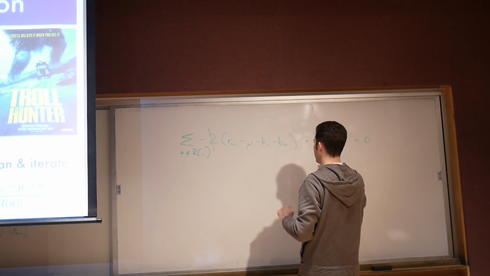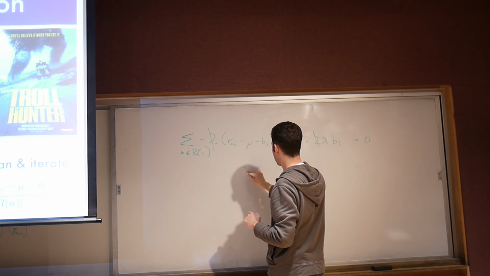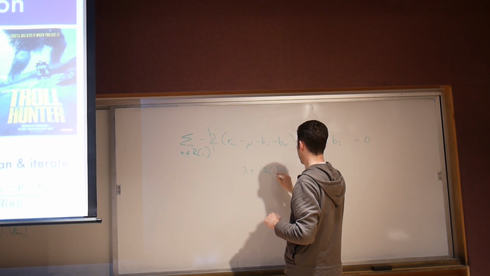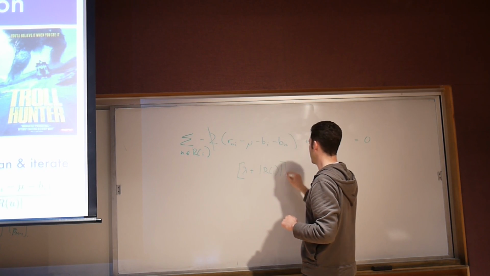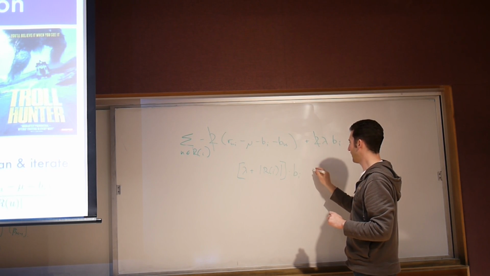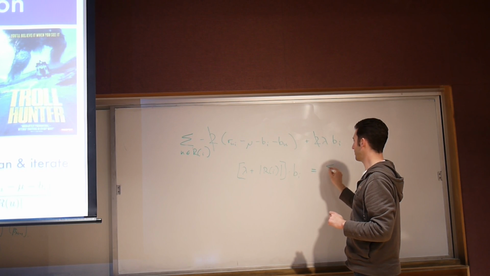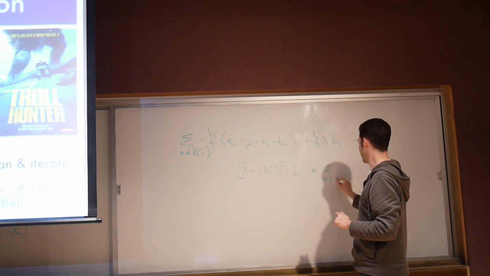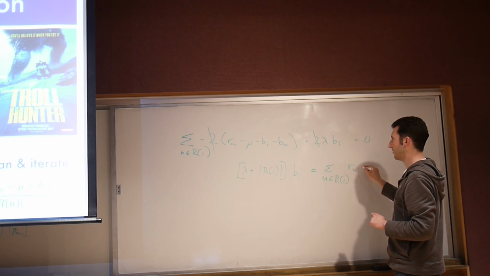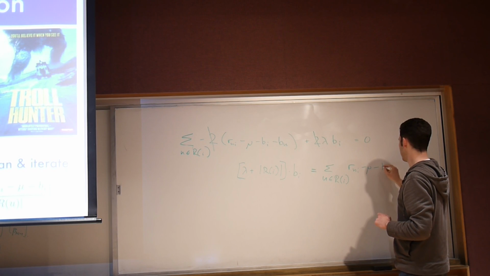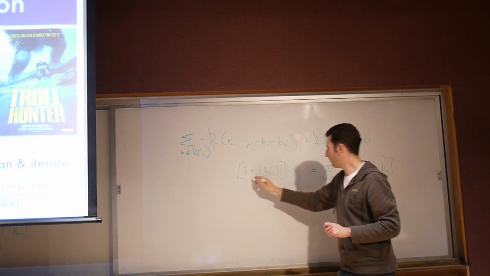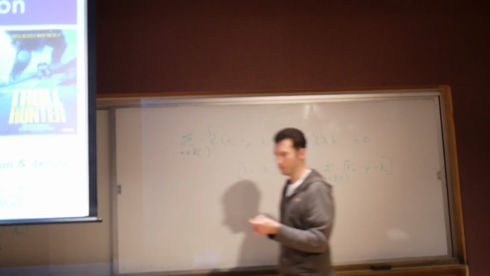So that gives me (lambda plus size of R_i) times b_i equals the sum over all users in R_i of (r_ui minus mu minus b_u). Now you just go and divide by that, and voila, you have the first equation.